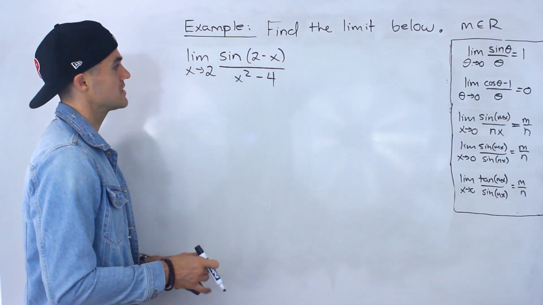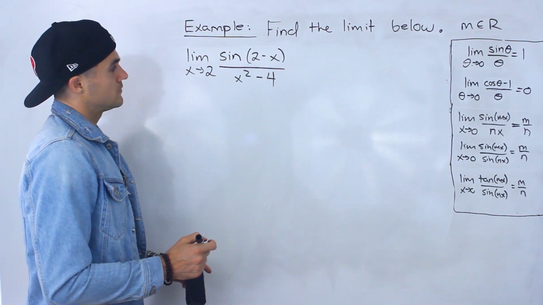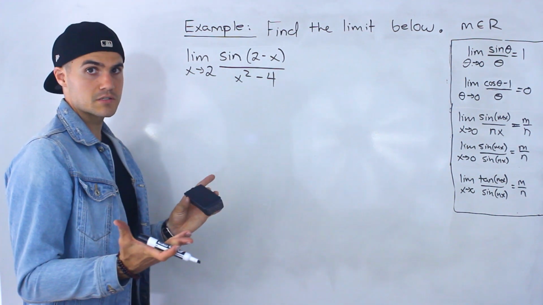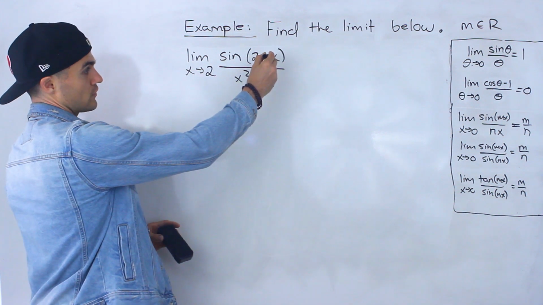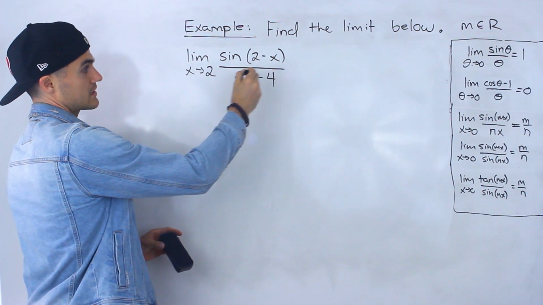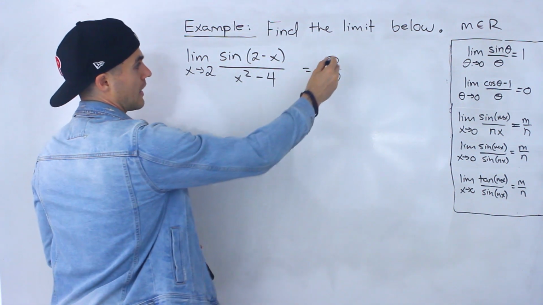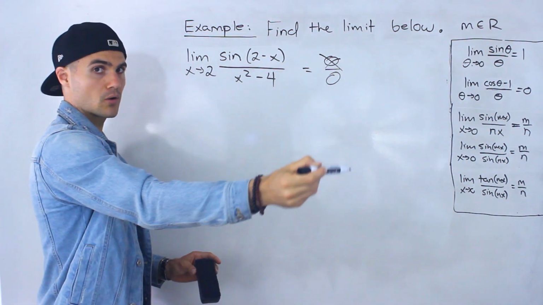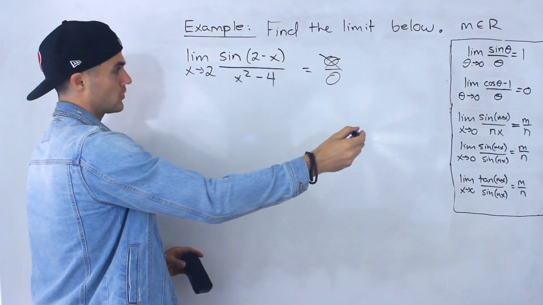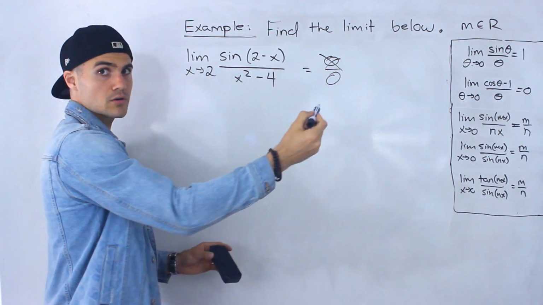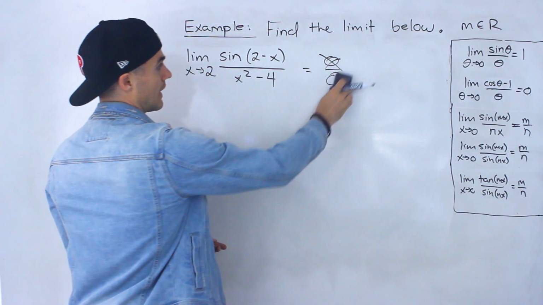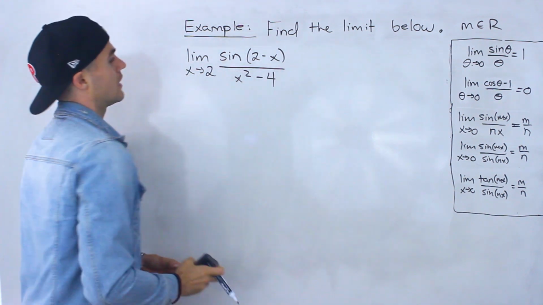So notice here we can't make a direct substitution, because if we plug in 2 for this x and 2 for this x, we're going to end up with 0 over 0. It actually doesn't matter as much if we get a 0 in the numerator. If the denominator is 0, you can't divide anything by 0, so it's going to be undefined.